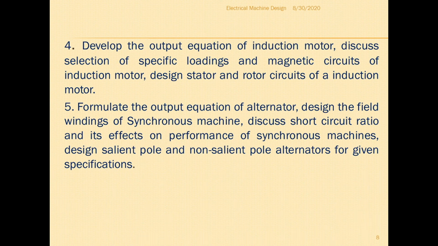In the three-phase synchronous machine, we have salient pole and non-salient pole classification, so its specifications and the choices to be considered we will be learning in this module. That is the learning outcome. So there are 5 learning outcomes after studying this course.